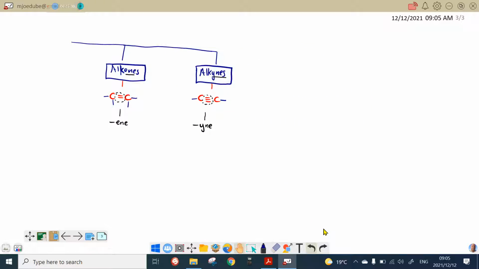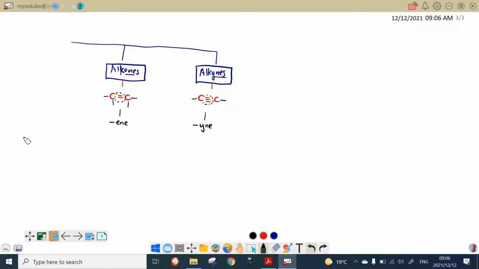Right, so now we are also going to name these. In the naming of your alkenes, it is not possible for you to have an alkene with a single carbon. The reason being that you need to have a double carbon-carbon bond. So it will not be possible for you to have an alkene with one carbon.